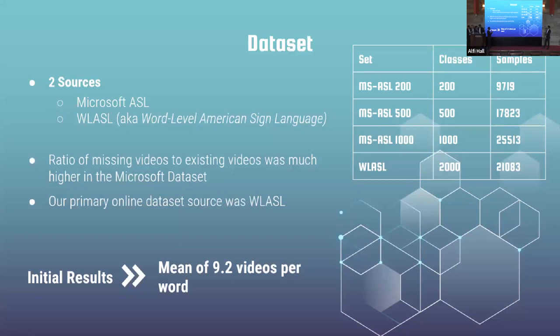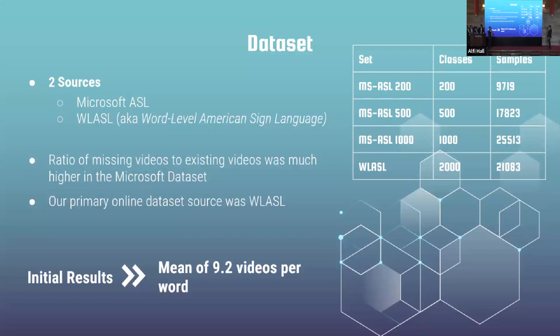Based on our analysis of all of these datasets, we found that the ratio of missing videos in the MS-ASL was much higher than in the WLASL. And that's why we based our decision to go for the WLASL as our dataset.